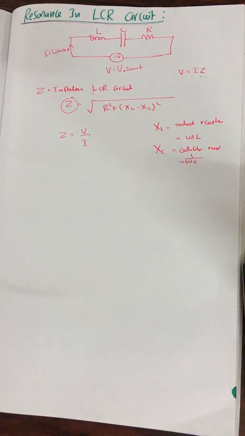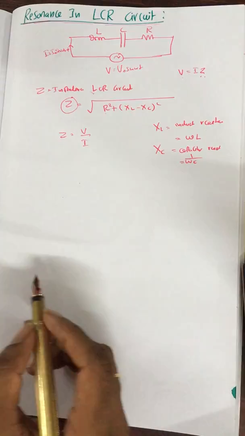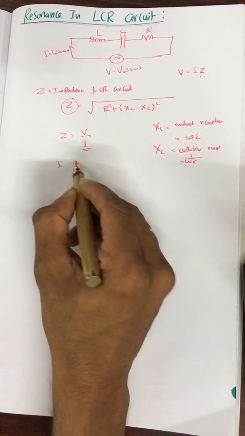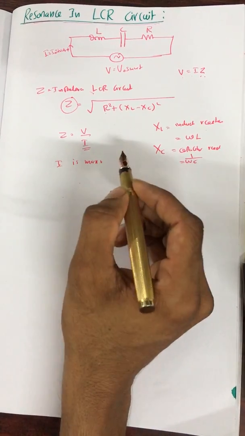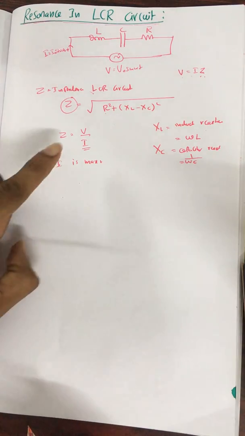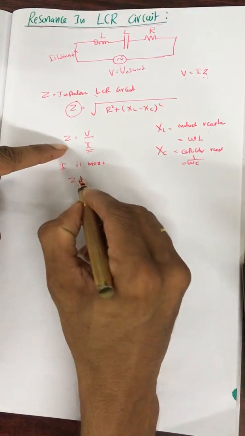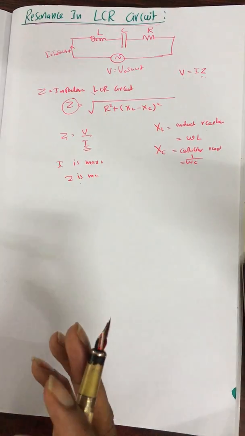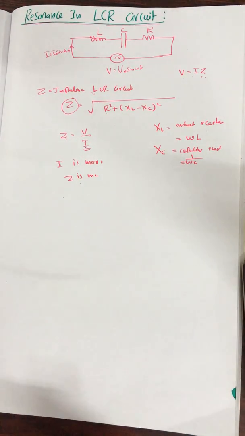Now we say that at resonance, that is electrical resonance, the current flowing through the LCR circuit is maximum. When I say that current is maximum, I can say that Z is minimum, because I and Z are inversely proportional. When current is maximum, obviously the resistance becomes minimum.